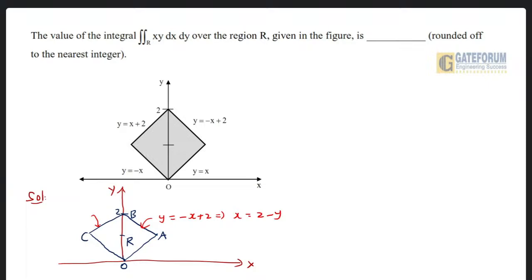This curve equation is y is equal to x plus 2. From this, x is equal to y minus 2, and this part is y is equal to minus x. From this, I can write x is equal to minus y, and this curve equation is y is equal to x. So for all the four boundaries, he has given y in terms of x, but I want to express x in terms of y.